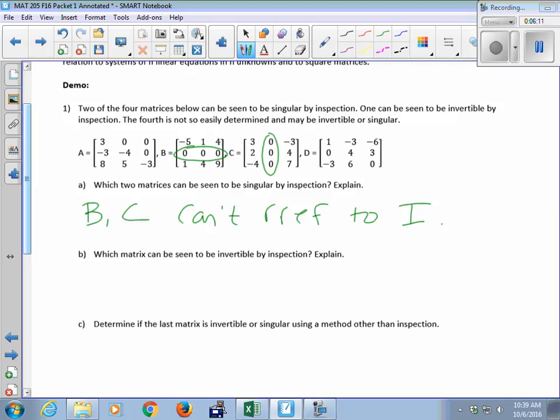Which of these can you tell does have an inverse just by looking at it, that it will row reduce to the identity? How do you know A? It's got the triangular thing here. Whether it's upper or lower triangular, that means it's in echelon form, and it will row reduce to the identity.